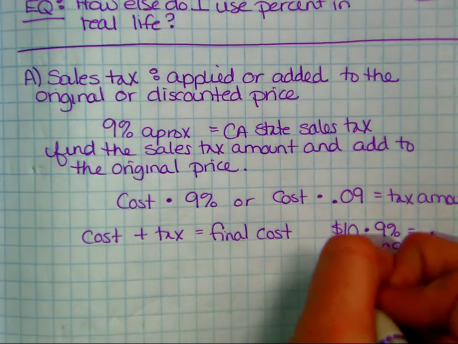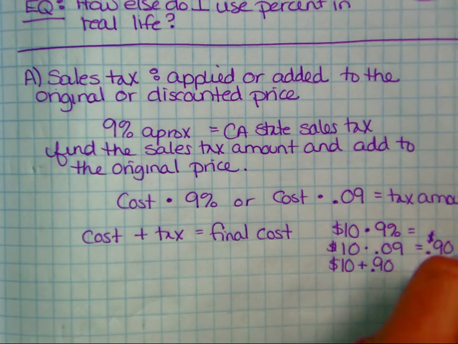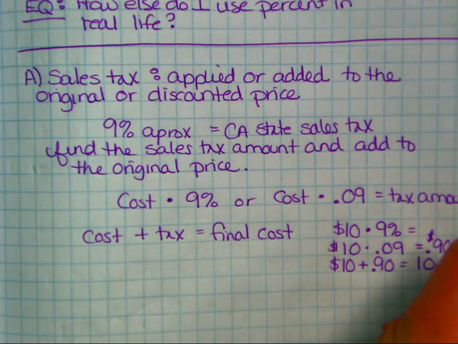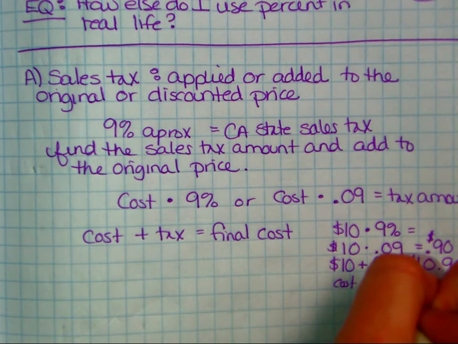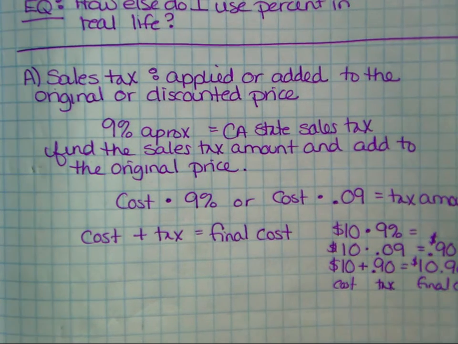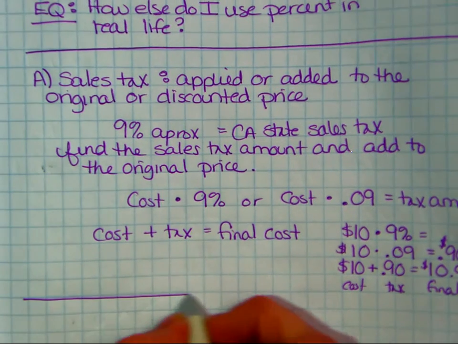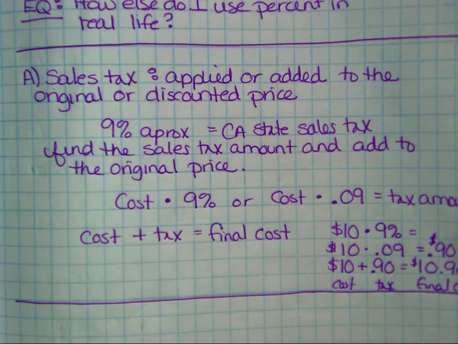You're going to take your cost, add your tax, and get your total. So this is your cost, tax, final cost. And that's how you find tax.